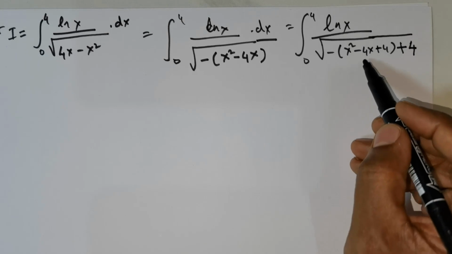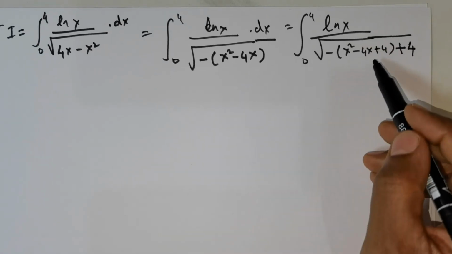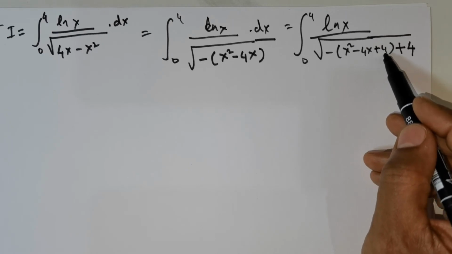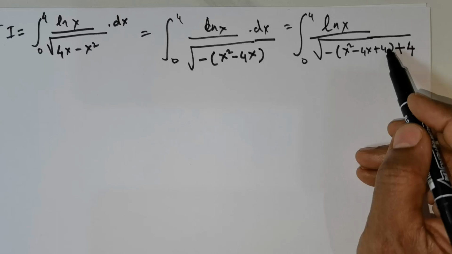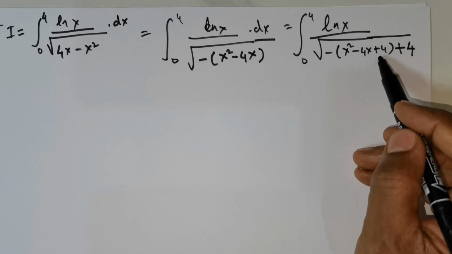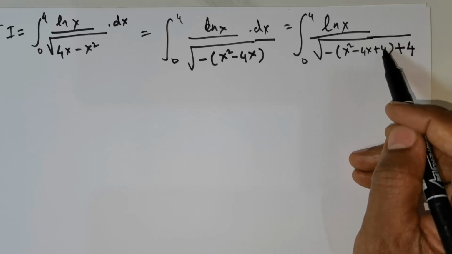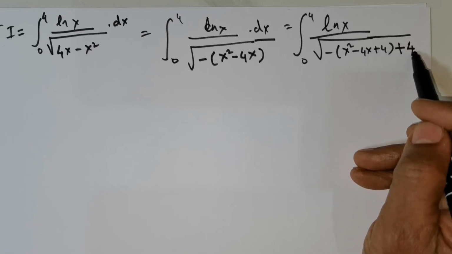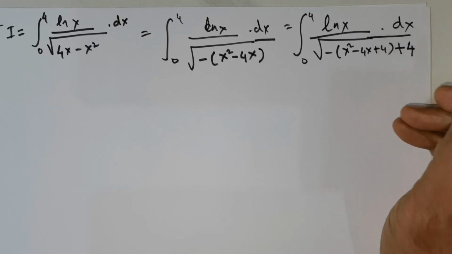I hope you are catching that. I would like to rewrite this quantity as a perfect square, but I am lacking a positive 4 inside the parenthesis. So I add positive 4 inside, which counters the negative 4 outside. That's what I'm doing.